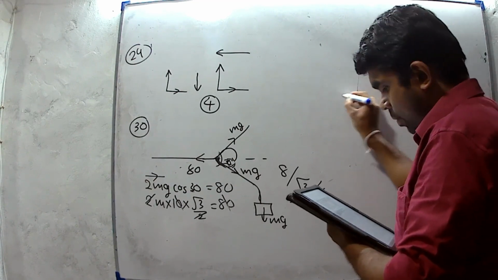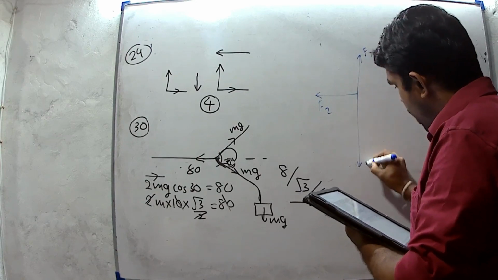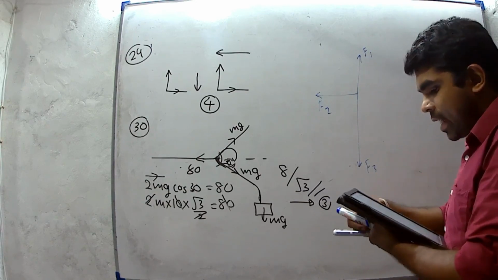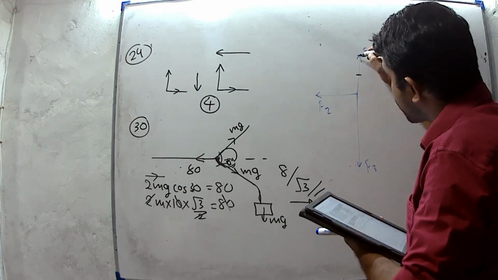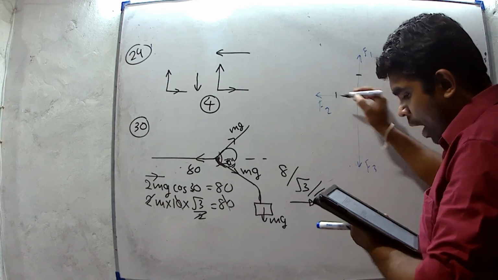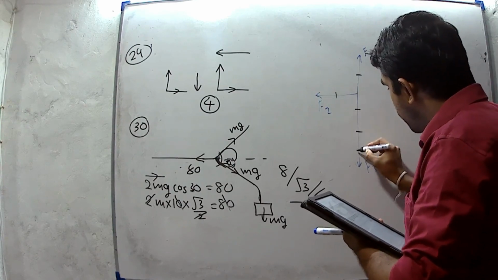F1, F2, F3. We can consider there are two squares for F1, two squares for F2 and three squares for F3.